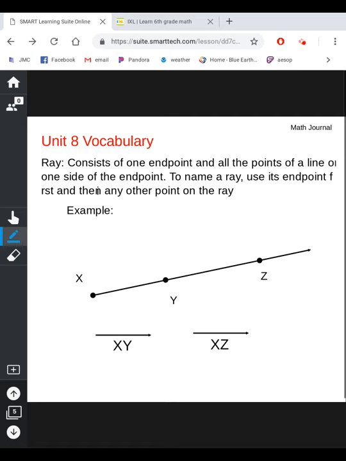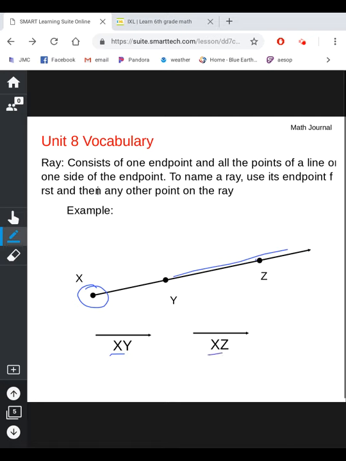So you'll see that the endpoint is listed here with X. Now, a ray could be XY, showing that this is going on, or I could use XZ. But since X is the endpoint, that one does have to come first.